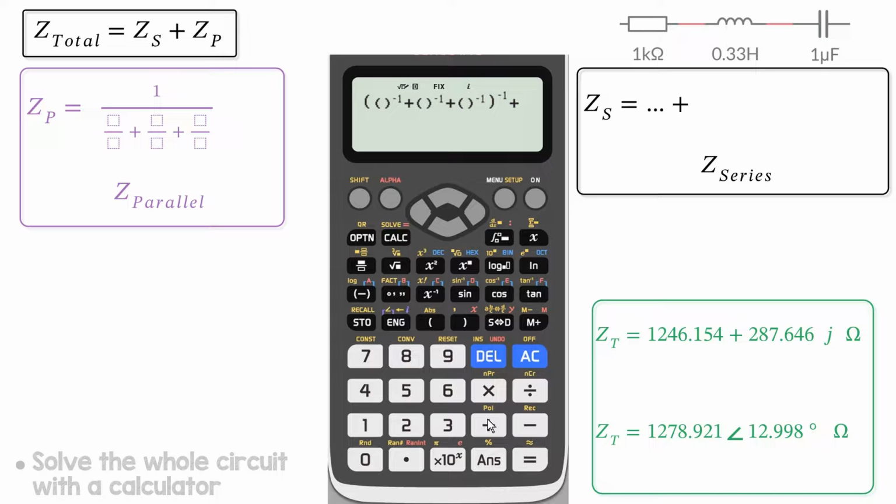Remember, we had a 1 kilo ohm resistor, a 0.33 Henry inductor, and a 1 microfarad capacitor. So that's ZR1.